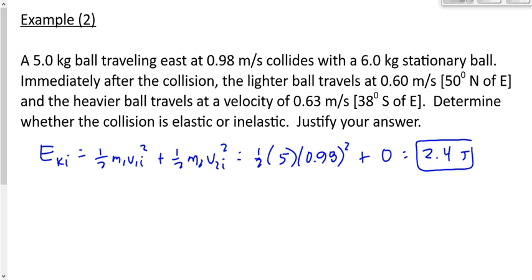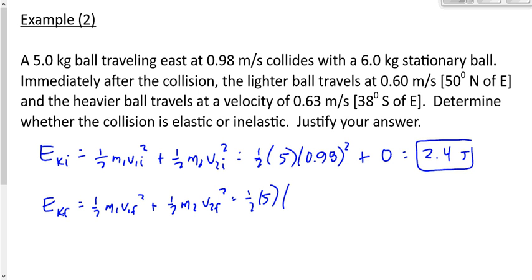Let's find the final kinetic energy. What do we got here? The lighter one goes off at 0.6. And the heavier one goes off at 0.63. Solve that, it works out to be 2.1, 2 digits.